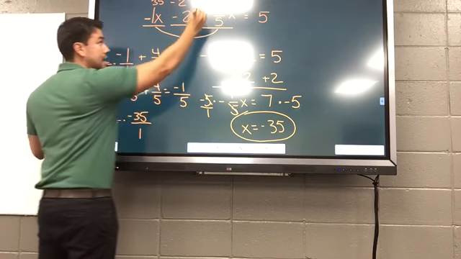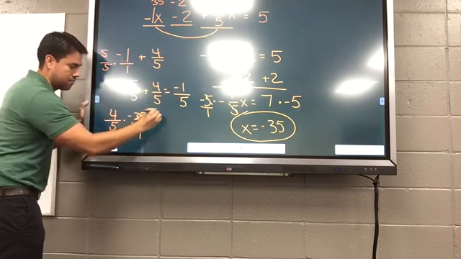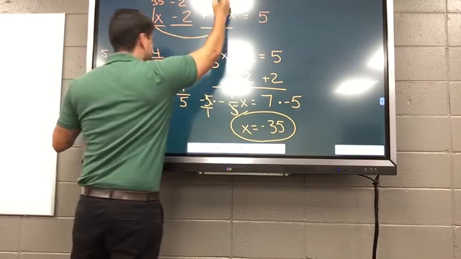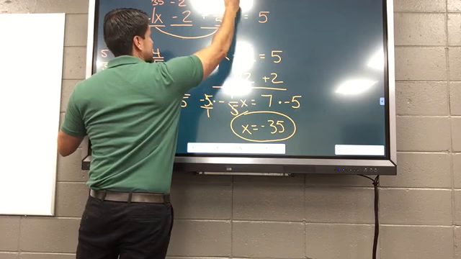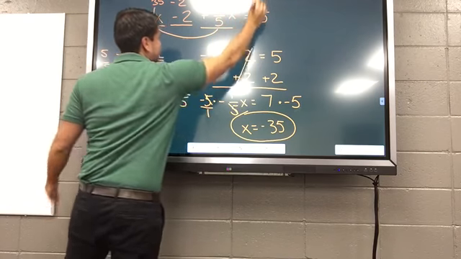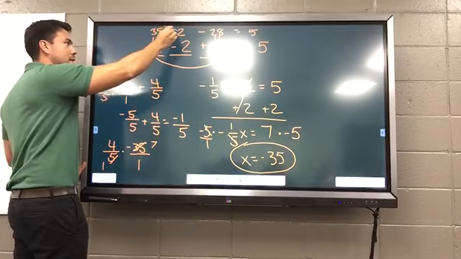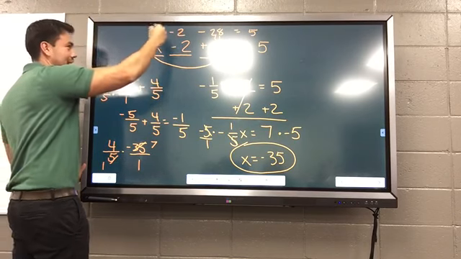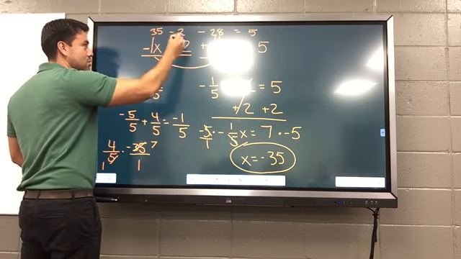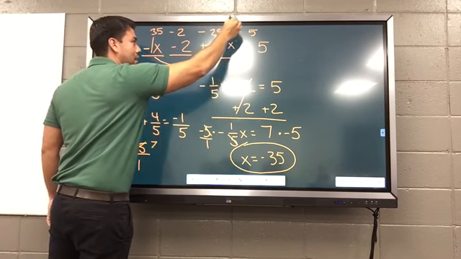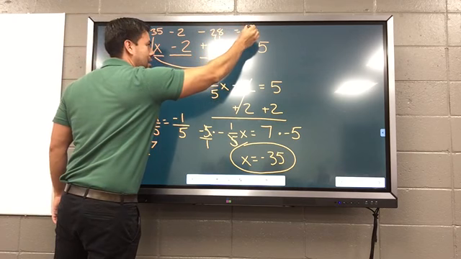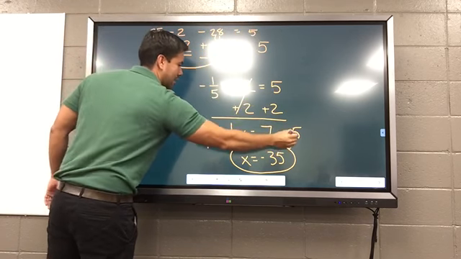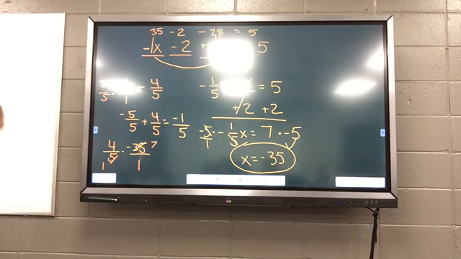We're going to get negative 28 equals 5. But I don't know if that's even true. What's 35 minus 2? 33. Minus 28? No, 5. That works. It has to work.